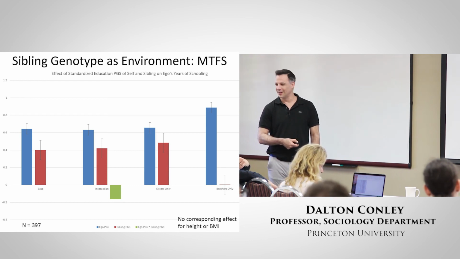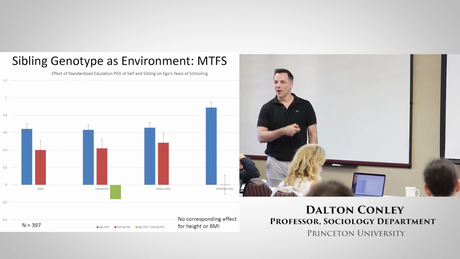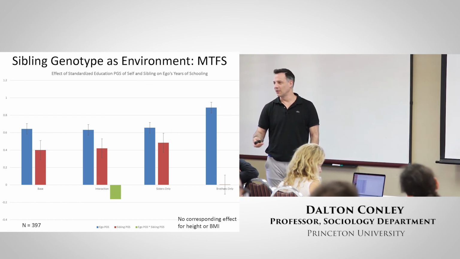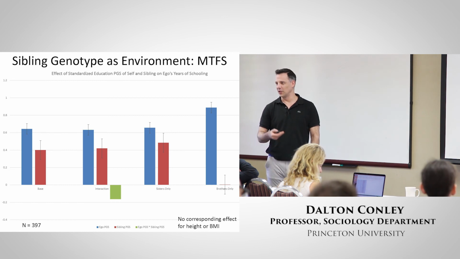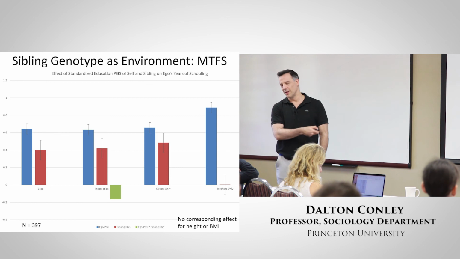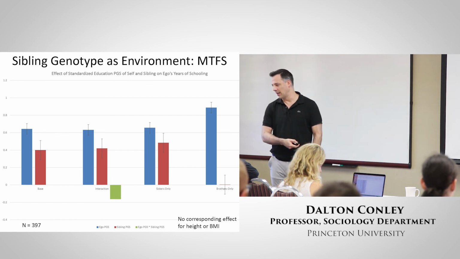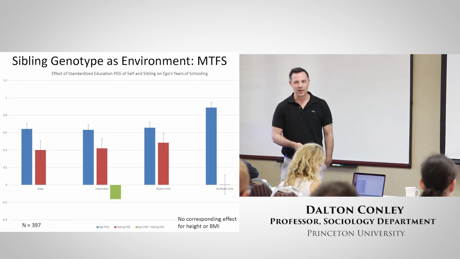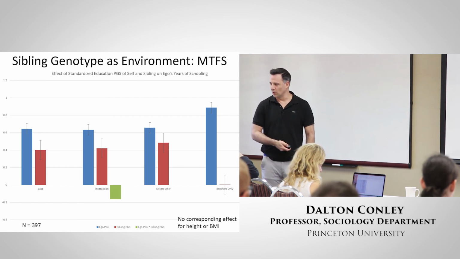There's no effect. So this suggests that there's a lot more complexity to the within-family dynamics of genotype, and there's possibly SUTVA violations and so forth. This is very suggestive early evidence that I'm working on and trying to replicate in other data sets, but something to think about as you go forward.